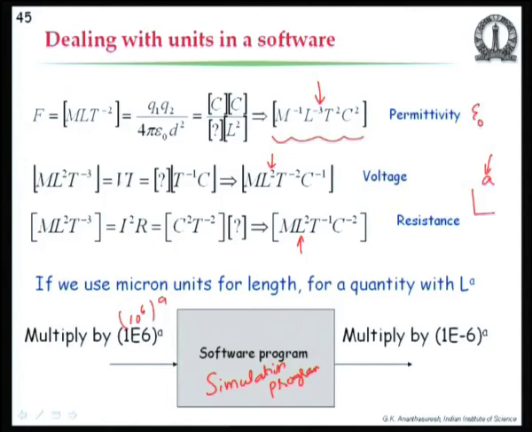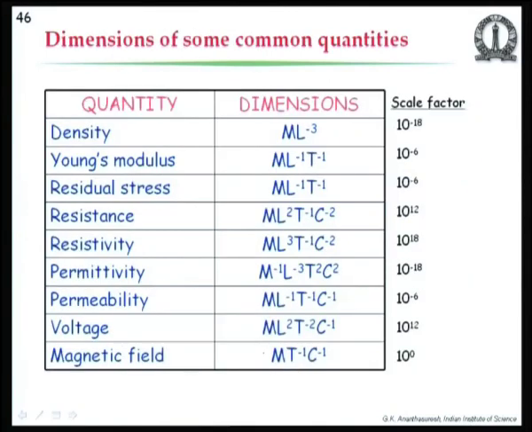When you take it out, you have to do 10 power minus 6 raised to A, so that your calculation will be correct. Deciding the right scale factor when you do computations is very important, and some of the software programs do it on their own, but it is always good to watch out, so that we do not fall prey to numerical truncation and round off errors.